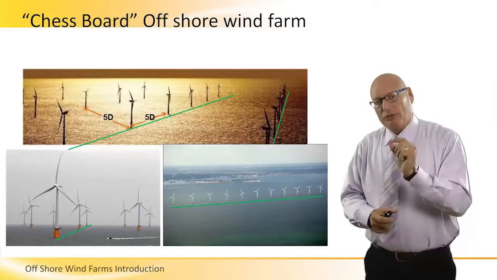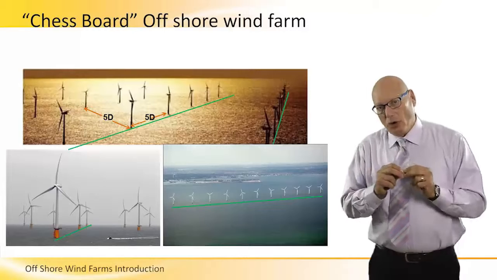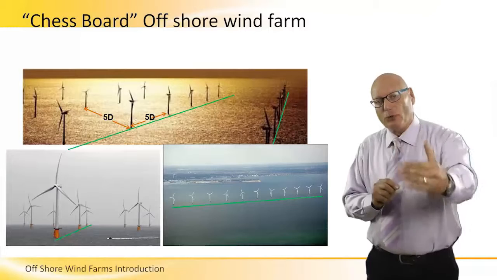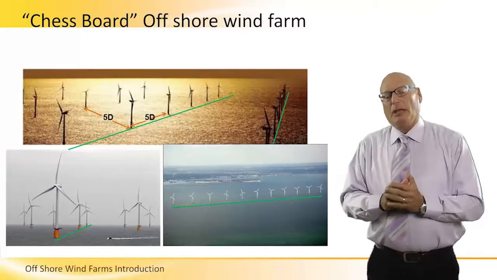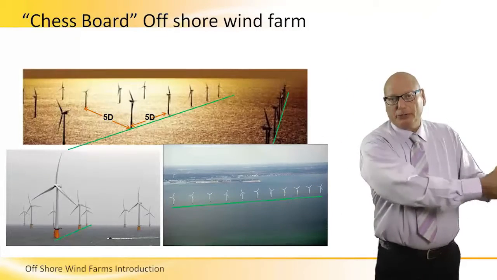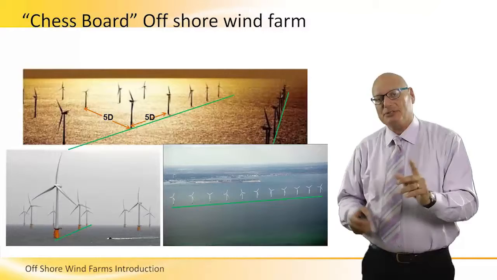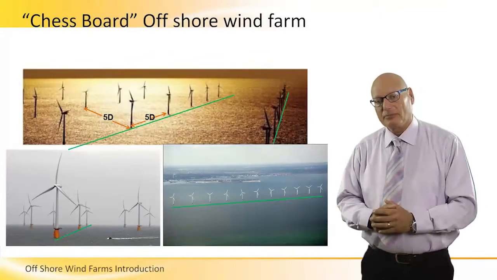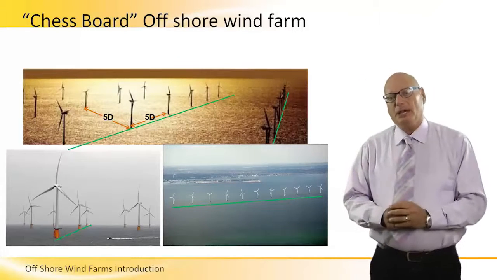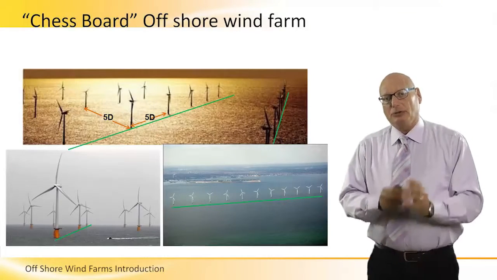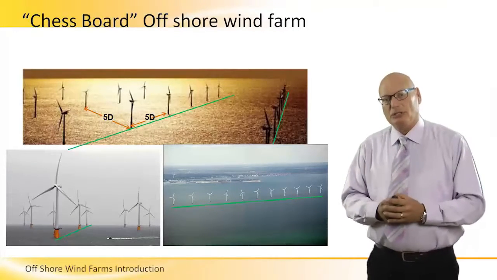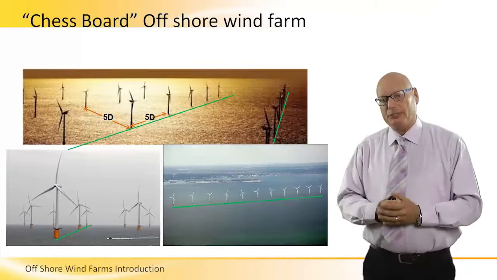But in order to assure no wake turbulences, the distance between the front row and the back row and the turbine to another turbine on the right and turbine on the left should be 5 times the diameter of a turbine. Keeping this 5D in mind enables us to establish a chessboard offshore wind farm with high efficiency.